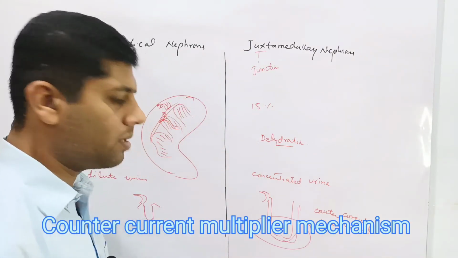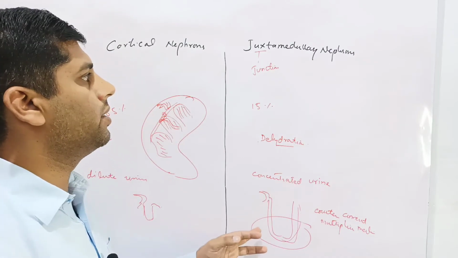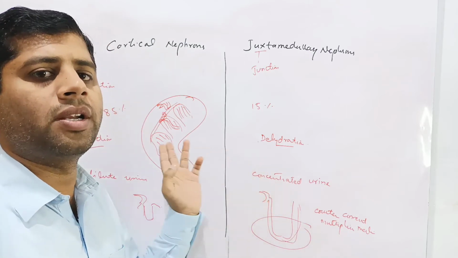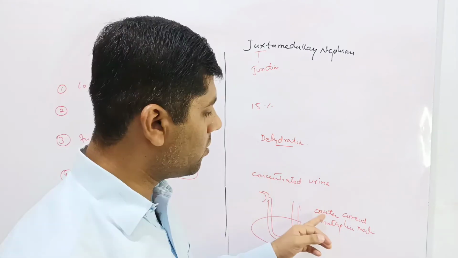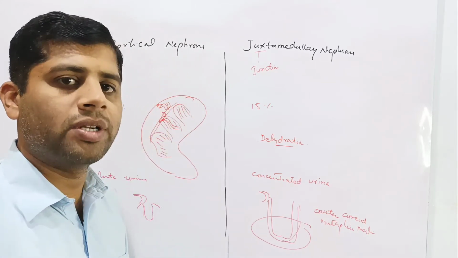The counter current multiplier mechanism must be remembered, and this is the main difference which creates the difference between juxtamedullary nephron and cortical nephron functioning.